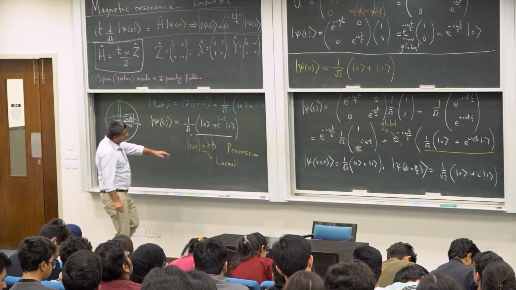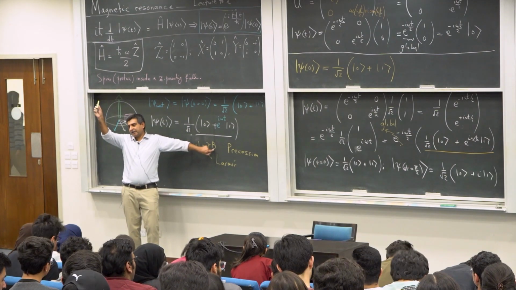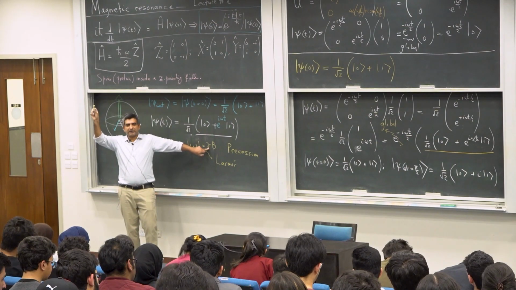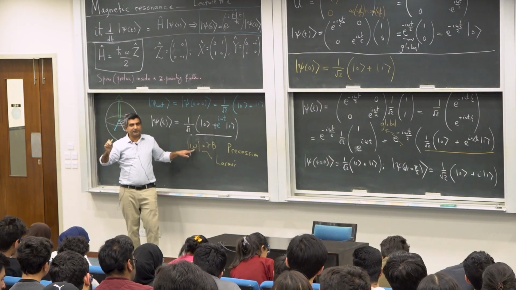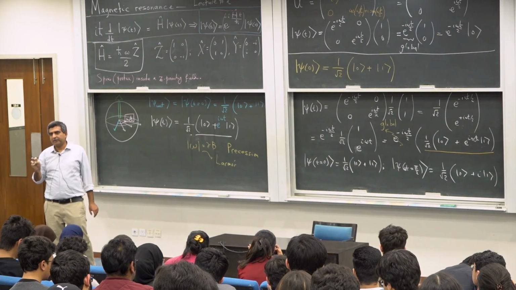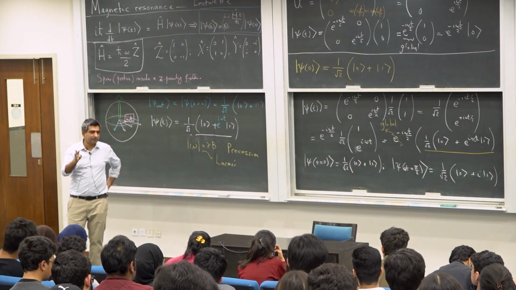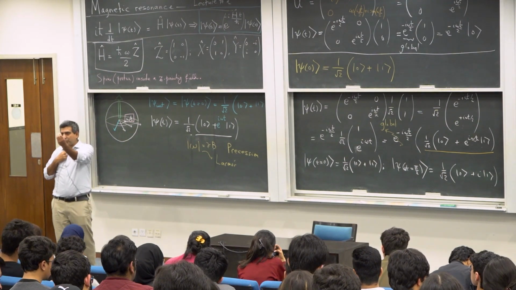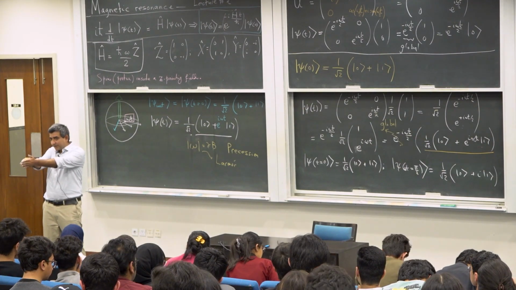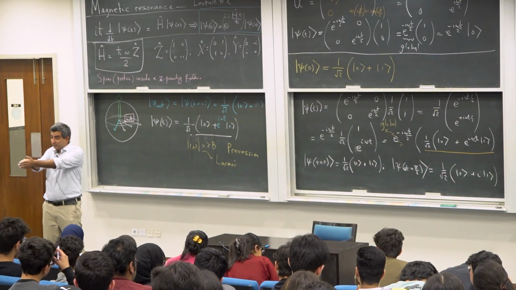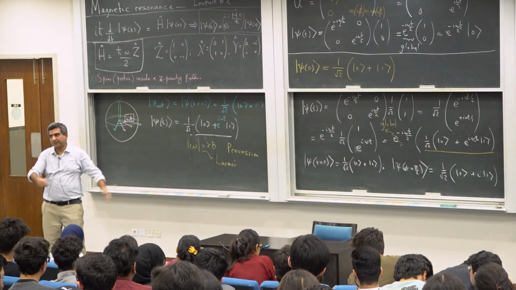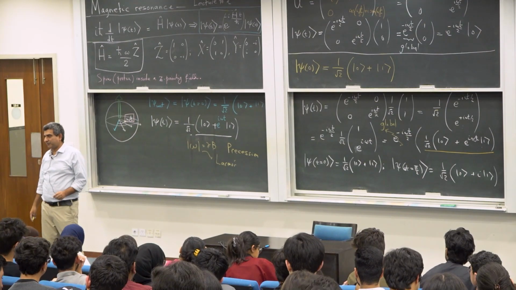Because omega equals gamma B. So if I were to apply a field of 1 Tesla, which is the unit of magnetic field, and insert the value of the gyromagnetic ratio for the proton, this frequency, of course, is in radians per second, but if I convert it to hertz, it's going to be 42 megahertz. So you put a proton inside a magnetic field, and if the initial state is in the right orientation, which is perpendicular to the magnetic field, this proton is going to precess with the Larmor frequency.